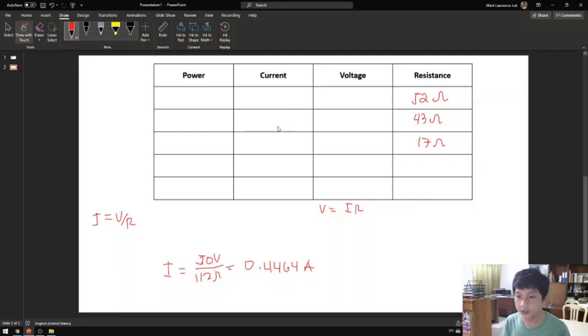So this is answer times 52, which is 23.21 volts.